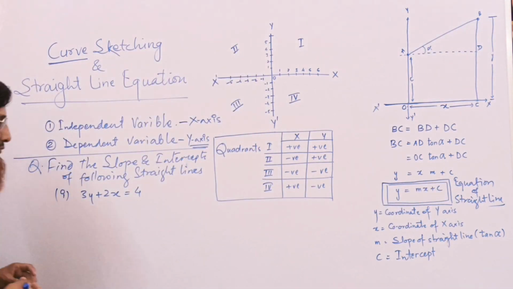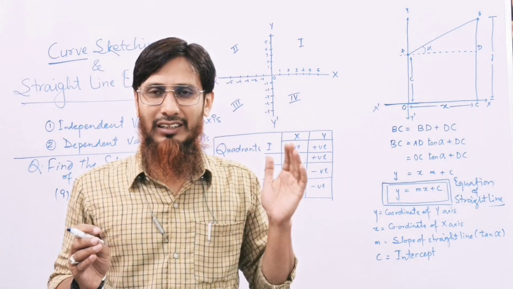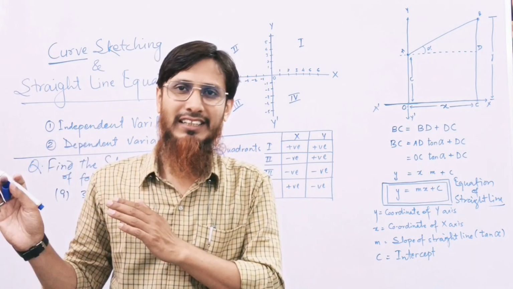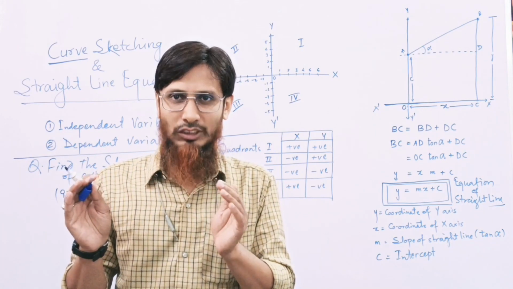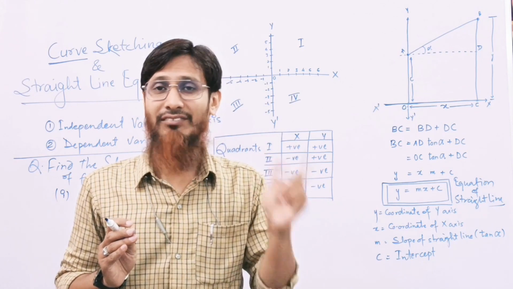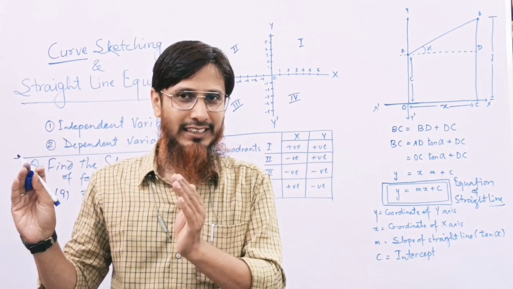So for this, we just have to take y on the left hand side and the rest of the part on the right hand side. Is it okay? So we just have to take only y on the left hand side and the rest of the part of the question into the right hand side.